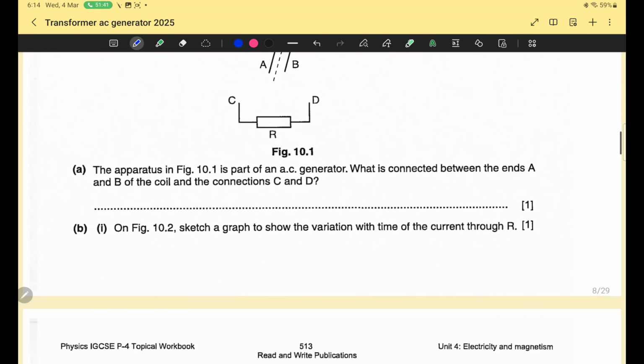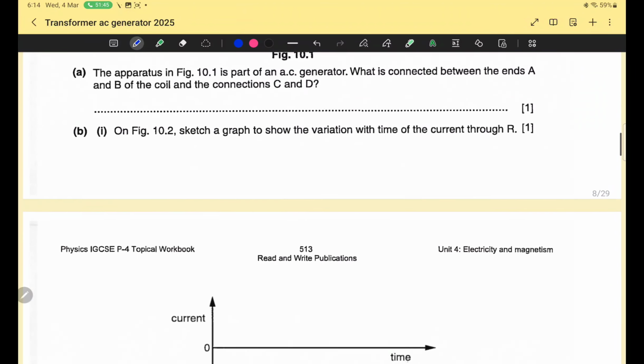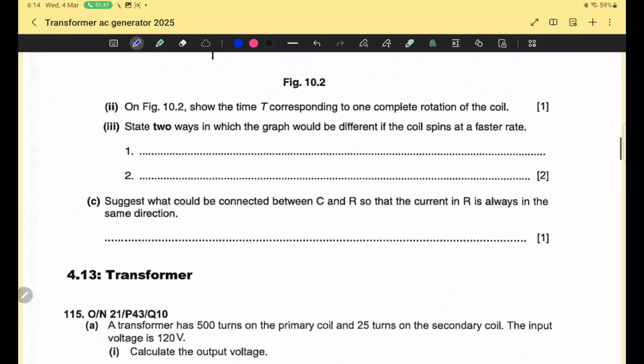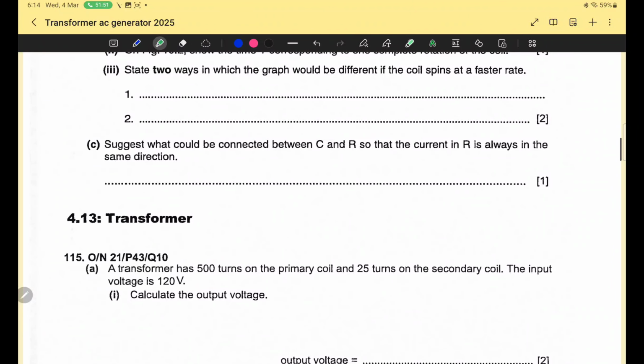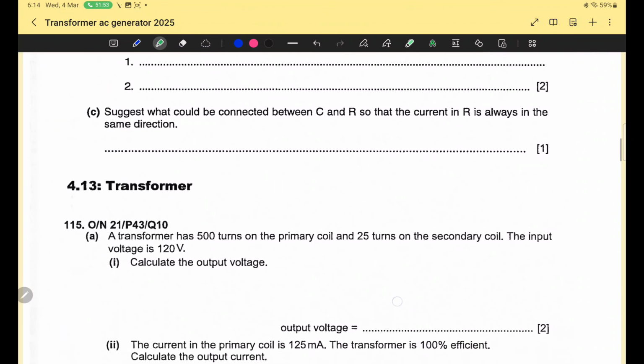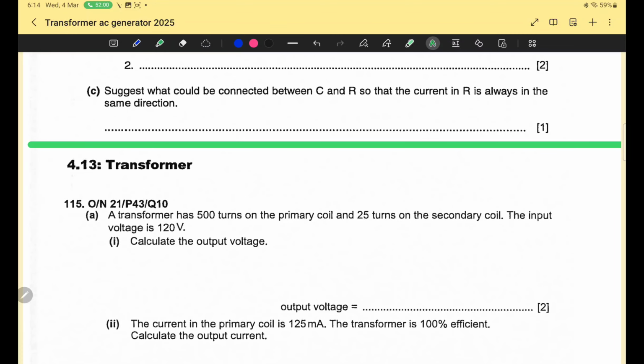I think the generator is enough because the same kind of questions are repeated, so we should not continue. So the AC generator is completed, and tomorrow we will start the transformer.